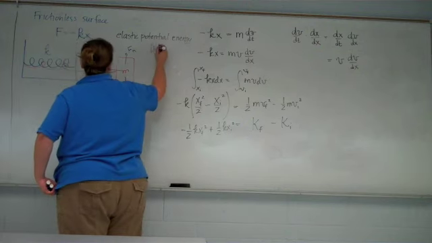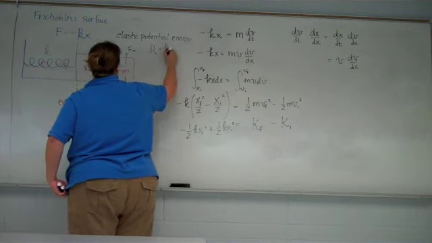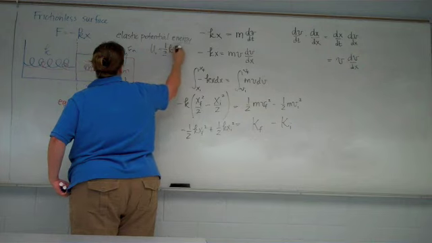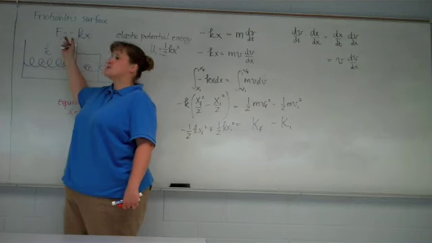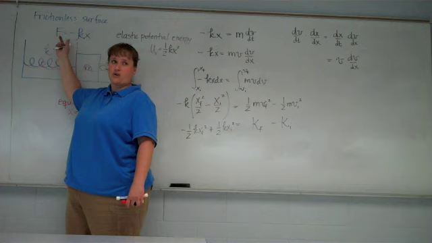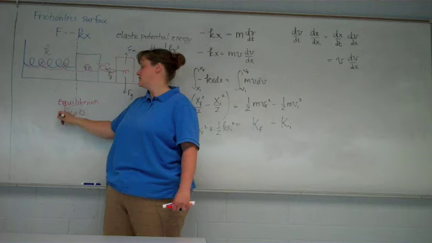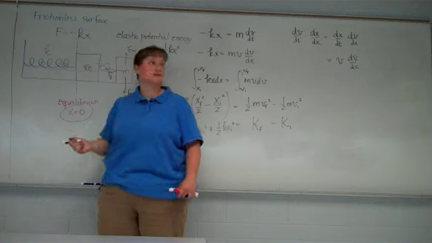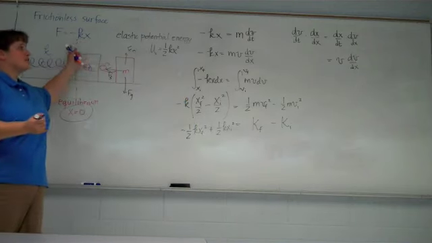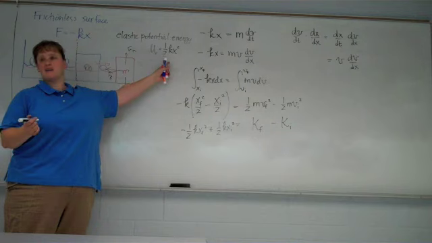The potential energy stored by a spring is equal to 1/2 kx squared. This was derived from the fact the force was equal to negative kx. x equals 0 at equilibrium. Whether we're talking the force or the energy, x equals 0 at equilibrium.